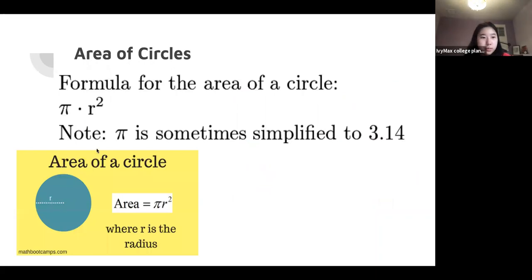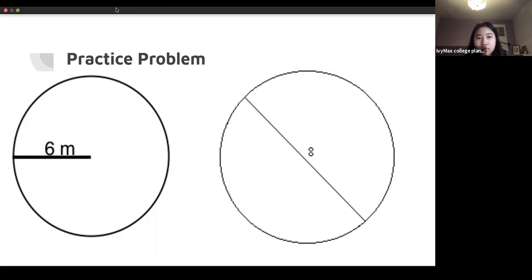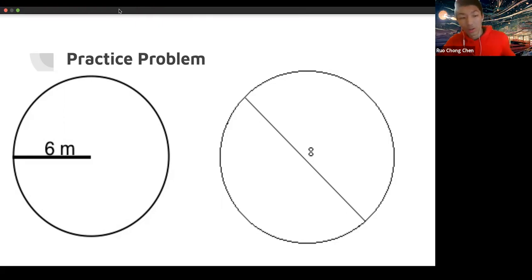Area of circle. So hope you guys remember the formula. And yeah, so let's try the first one together. Remember the formula is pi r squared. So go with Roger, first one. Okay, so for the first circle, it's pretty obvious that its radius is 6 meters.